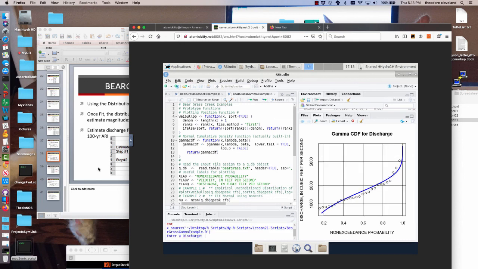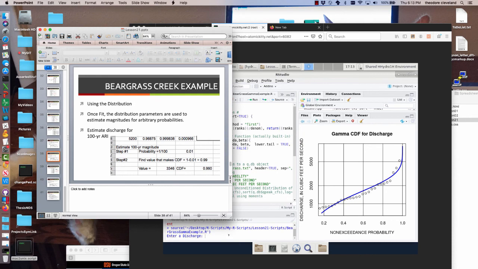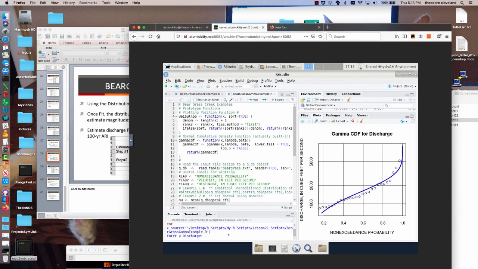Now the Gamma is deceptive for these data. It's not a very good distribution for explaining these data, but it could be used. And I want to see what we'll use 3346 for that.